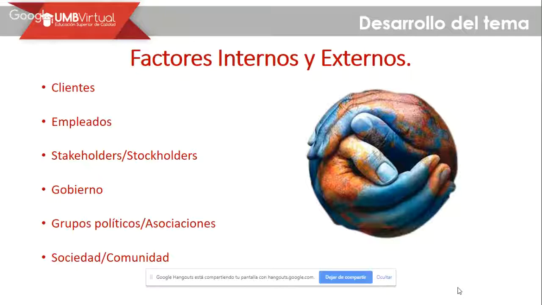Stockholders, on the other hand, are people that hold an economic and financial stock and ownership in a company. So there are two different factors. Obviously stockholders hold much bigger power than stakeholders, but stakeholders hold a very great power indeed because all decisions are made with the stakeholders in mind.